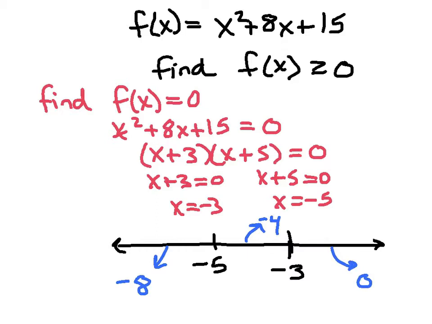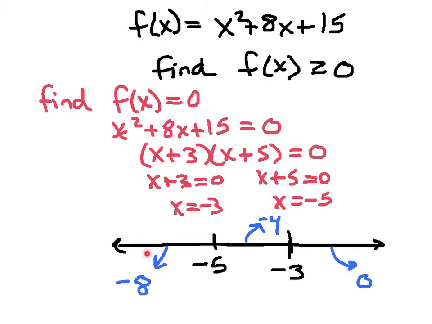What am I going to plug that into? I'm going to plug that into this function here, because I want to know, when I plug in -8, is my function greater than or equal to 0? I know it's not equal to 0, because that happens at -5 and -3. So I'm going to find out whether or not this function is greater than or equal to 0.